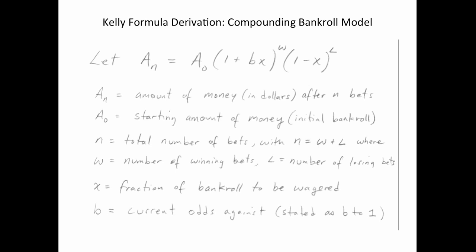Right, so we are setting up a formula that will determine the future amount based on however many wins and losses we may incur. We don't know that ahead of time, and we're going to use this to model what that future account balance would be after a series of bets.